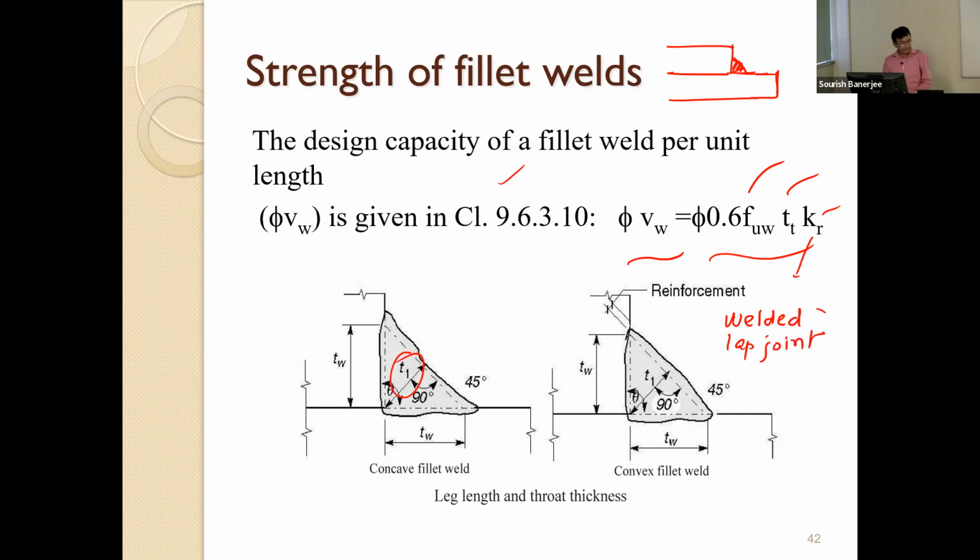And then we have the 0.6 times Fuw, and of course the capacity factor φ. Now this factor 0.6 is the reduction factor here.